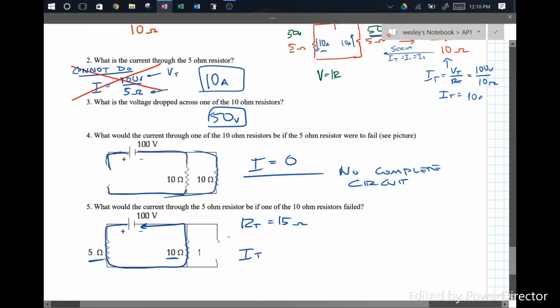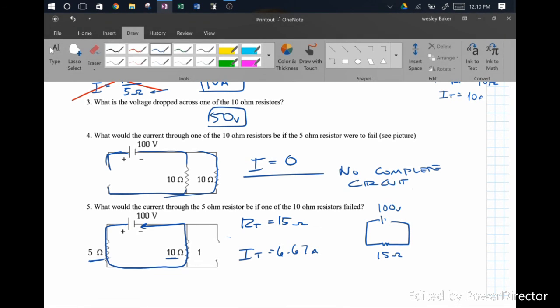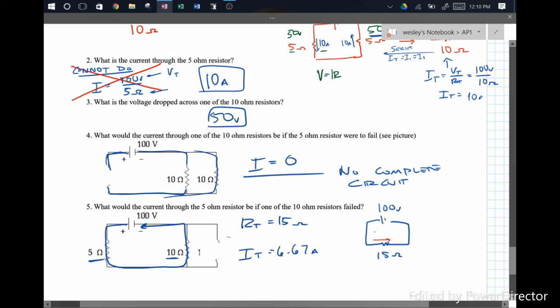So my total current in this circuit, again this circuit being 100 volts and 15 ohms, would be 6.67 amps. So we have 6.67 amps running through that 15 ohm resistor.